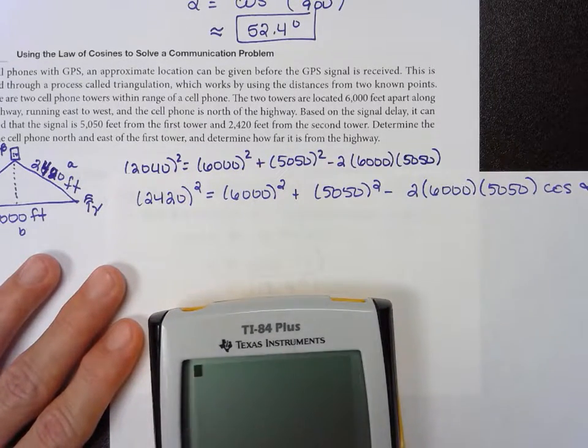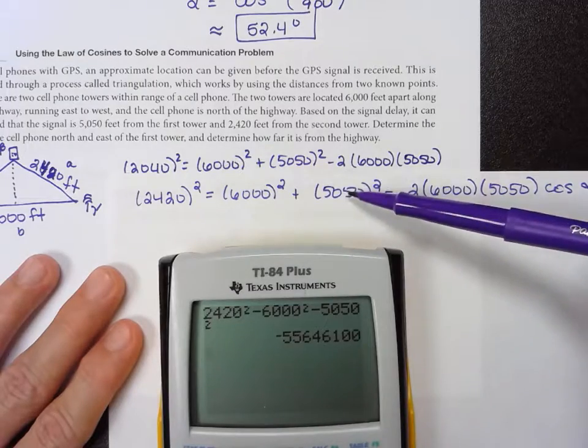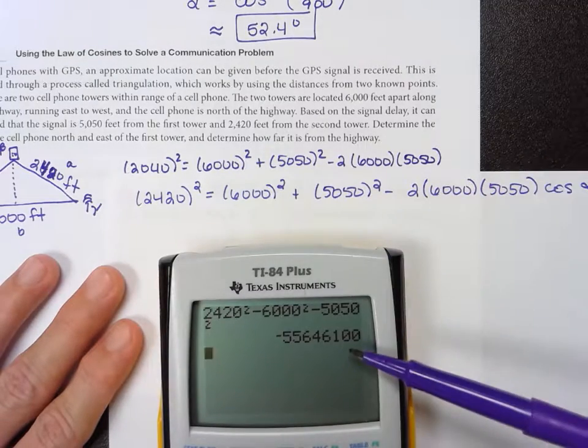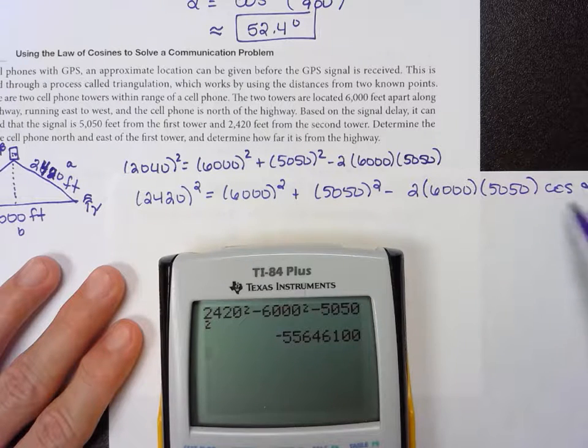Alright, so what do we have? We have 2,420 squared minus 6,000 squared minus 5,050 squared, and I get a number. So if I subtract these two on this side, I get this. Then I have to divide by all of this to get the cosine by itself.